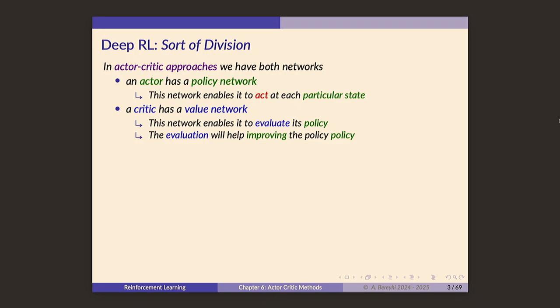Now if you have a value network, it's like an expert or critic sitting there, looking at what you are doing and giving you some value: you did a bad job, you did a good job. Based on that, you play with the weights in the policy network. So it's providing you a sort of critic.